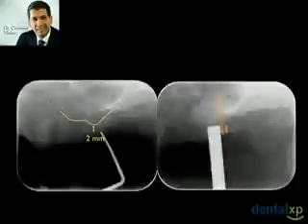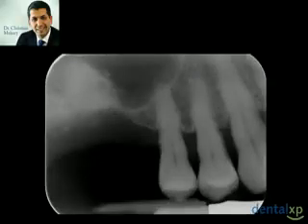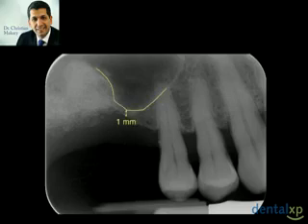So going from 2 millimeter to 12 millimeter is also a very nice result when you are using the Crestal approach. And finally, I will show you a case where residual bone height was 1 millimeter only.